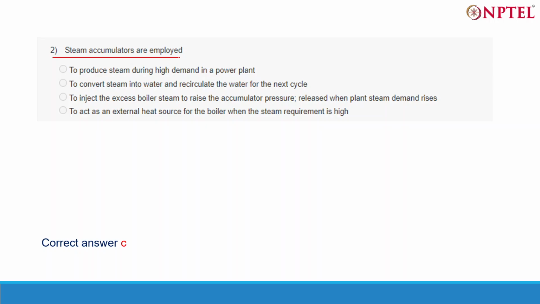When there is excess boiler steam and plant demand is very low, it can be accumulated, injecting the excess boiler steam to raise the accumulator pressure, released when steam plant demand rises.